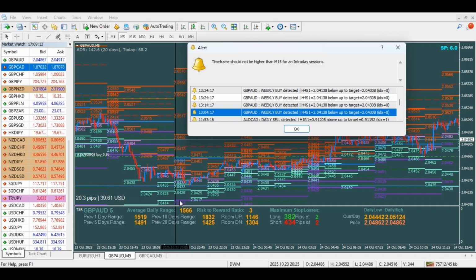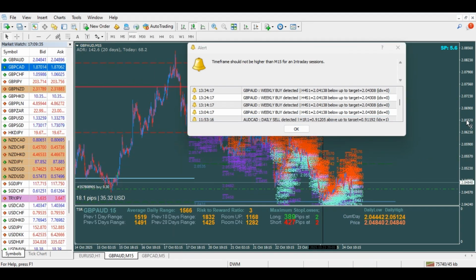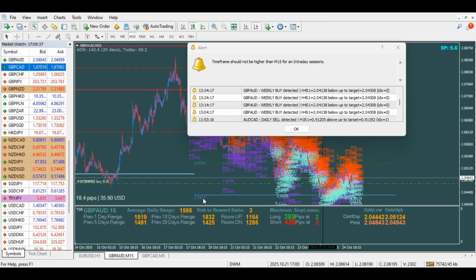That's that H4S1 level. And it's below the target weekly pivot of 2.04308. We can just zoom out here. We can see that's this level here, 2.0431, right? Basically rounded up, 2.04308.